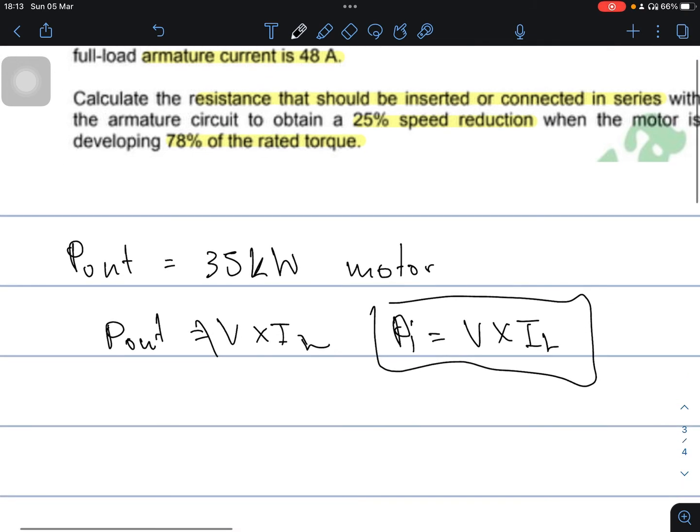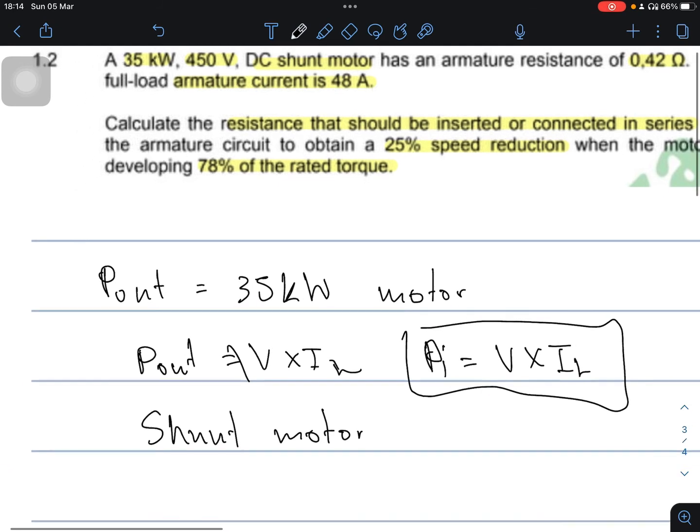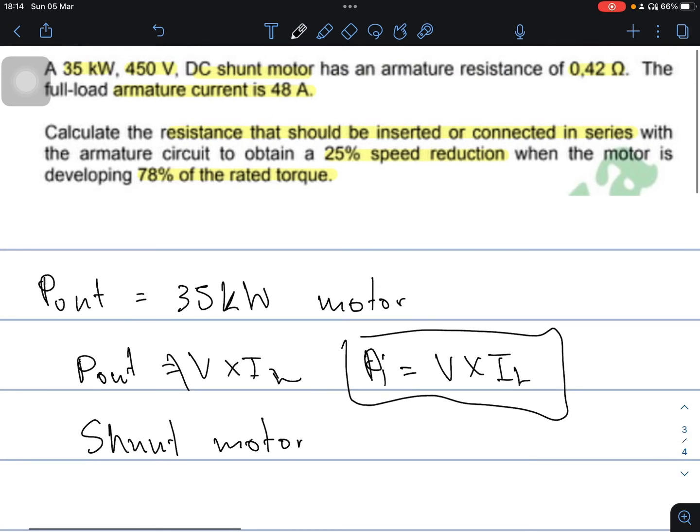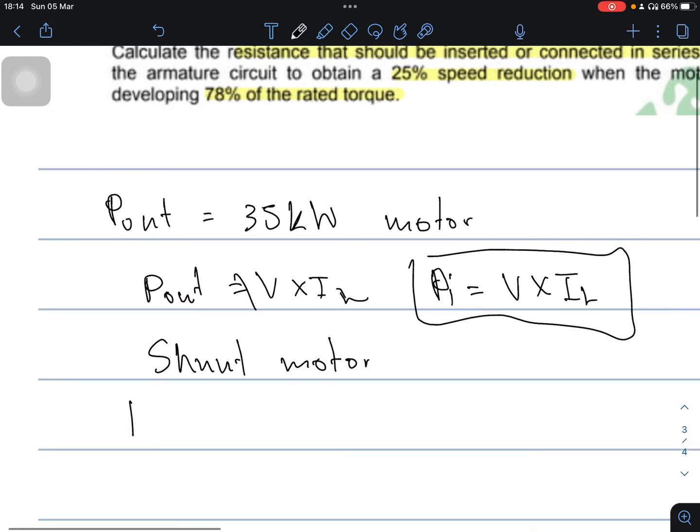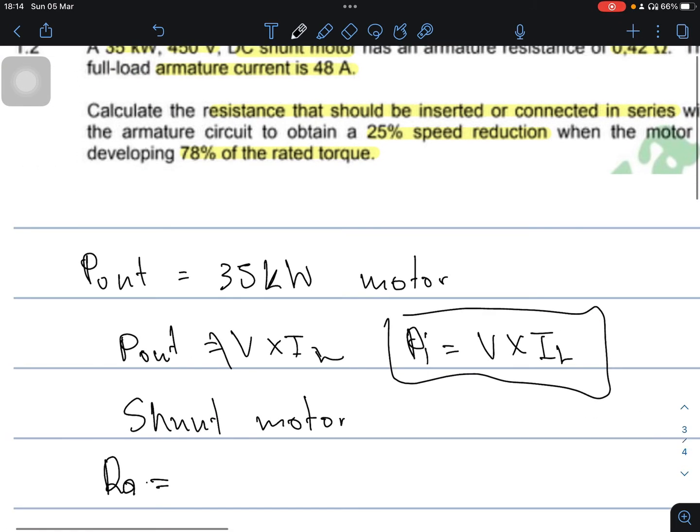It's a shunt motor. It has an armature resistance, that means Ra is equal to 0.42 ohms.